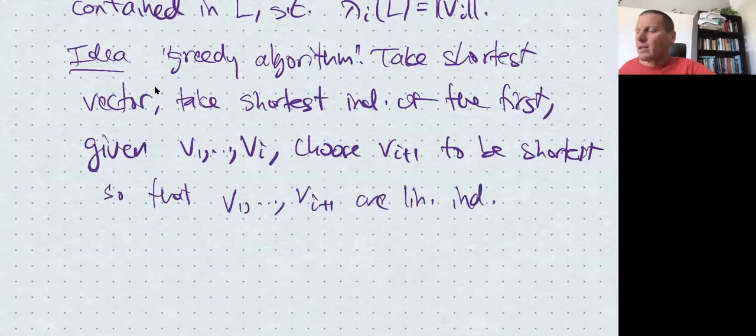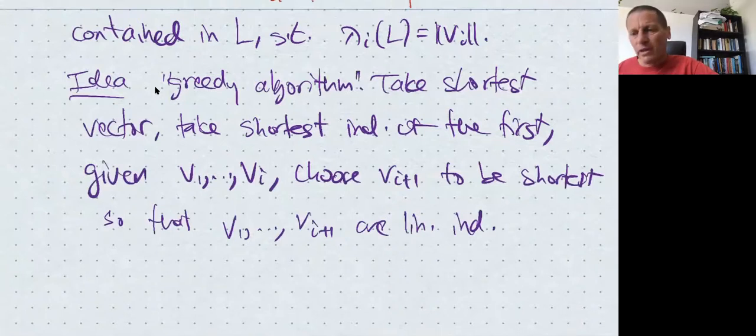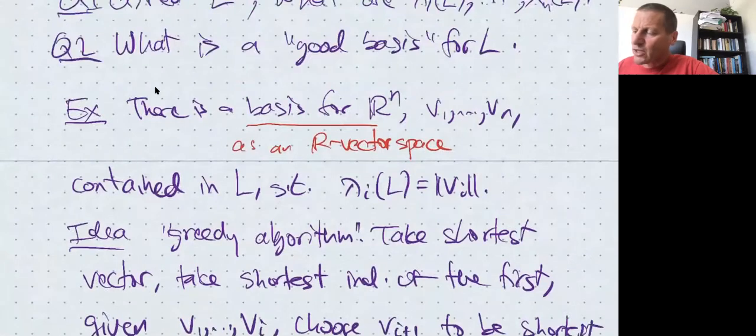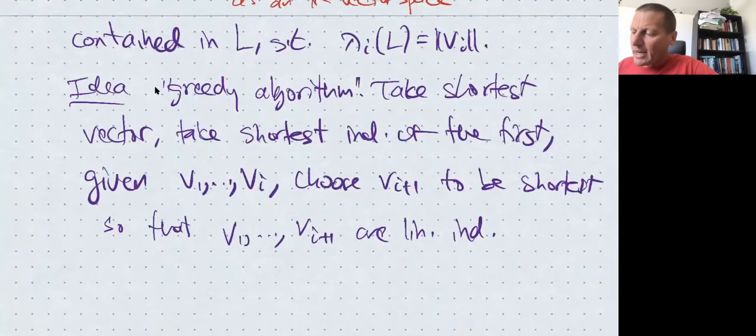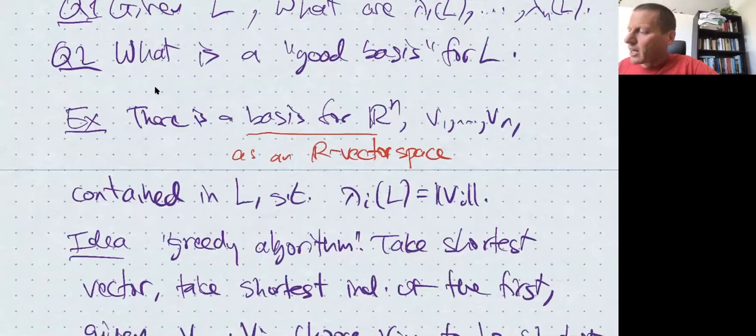So this is what I mean by a greedy algorithm. In this greedy algorithm, there may be ties. In some cases, there are two vectors of the same length at some point. Then you just choose one of them by some tie-breaking mechanism. You're going to prove in the exercise, it's not hard at all, that in this way you obviously are choosing a basis for Rn, and that this basis realizes the successive minima.